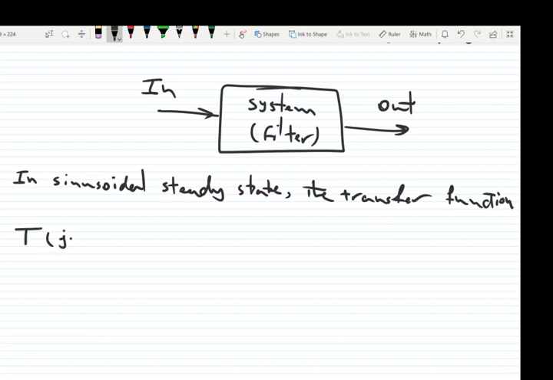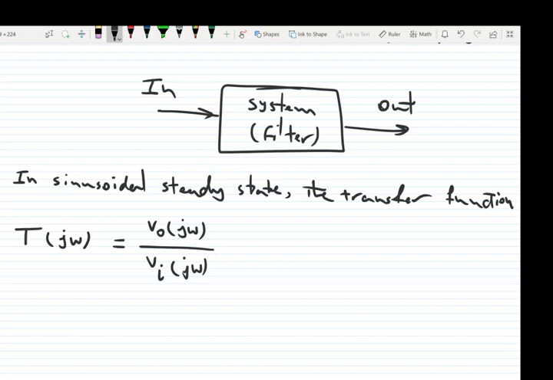T of j omega. Why j omega? Because it's sinusoidal and it is a complex number. We show it with j omega. The transfer function is the complex output amplitude over input amplitude. So the transfer function is VO over VI.